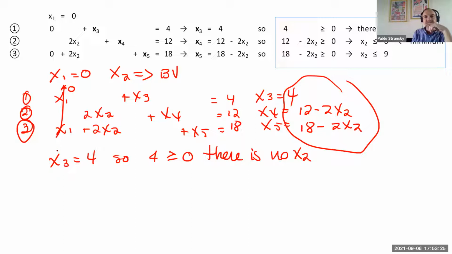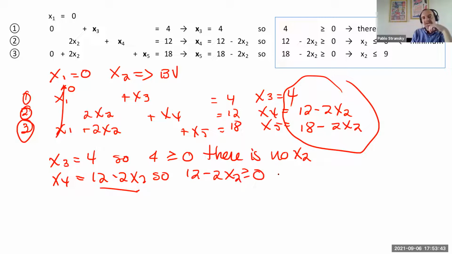The next one, we got x4 equal 12 minus 2x2. So I'm going to be taking only this part and I'm going to say 12 minus 2x2 is greater or equal to 0. So minus 2x2 is going to be greater or equal to minus 12.